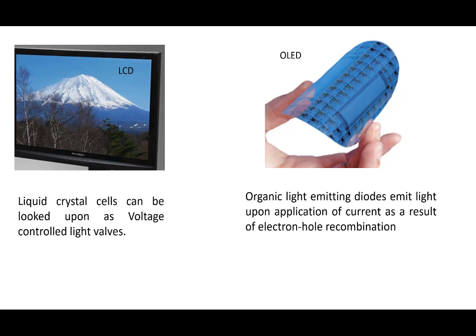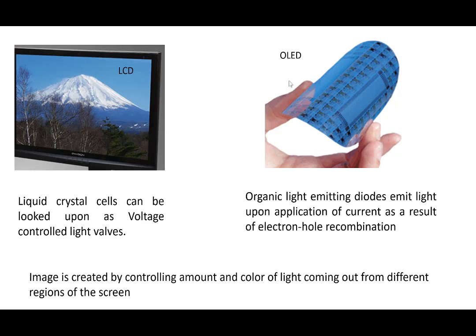And so OLED is also like that. Electrons and holes recombine to produce light, except that the semiconductors are not your conventional semiconductors made out of inorganic elements, but organic elements.